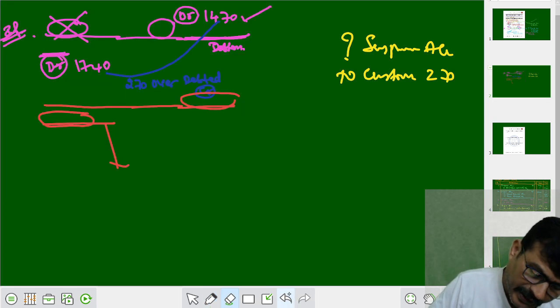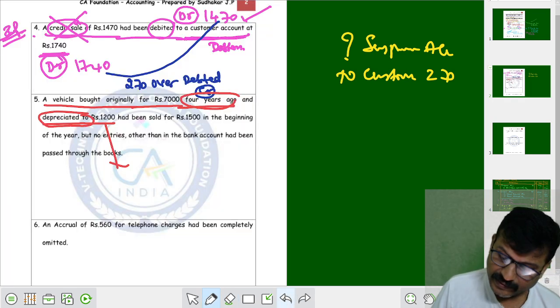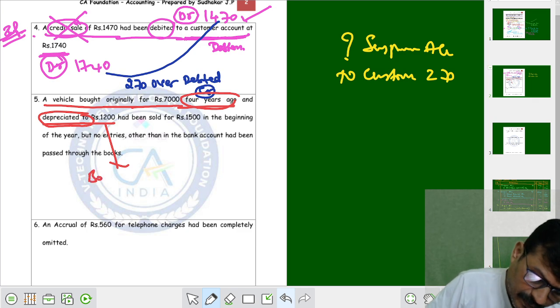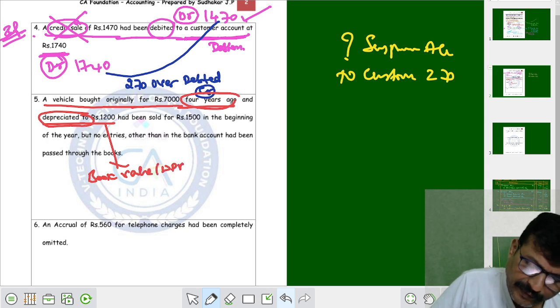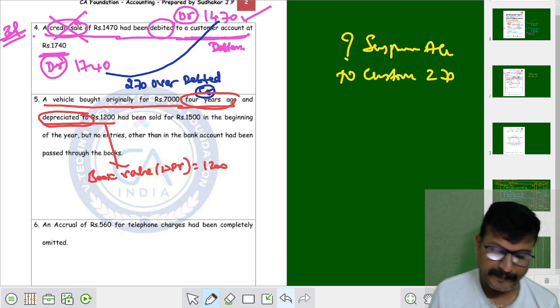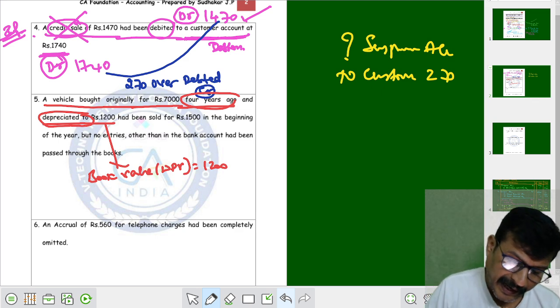It is called book value or WDV value, 1,200. Depreciated to 1,200, had been sold for 1,500.